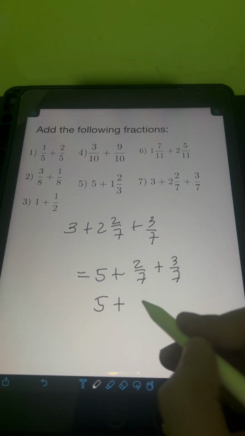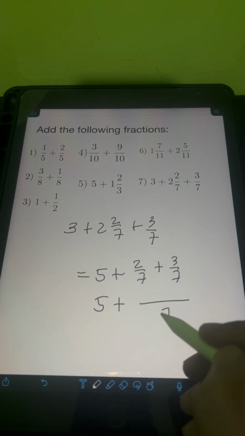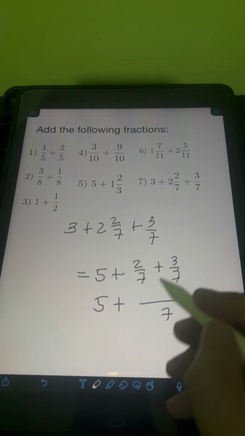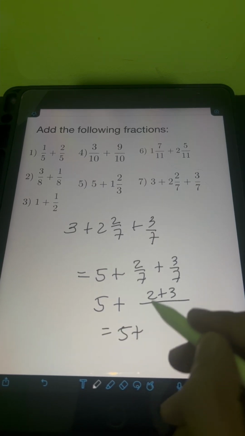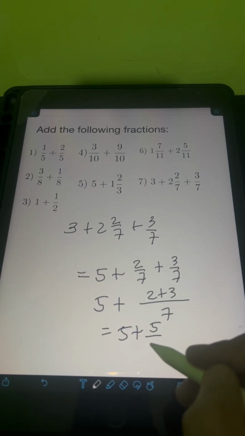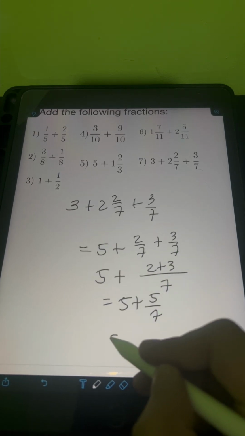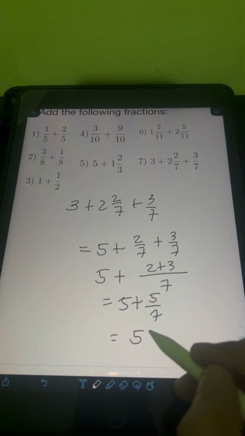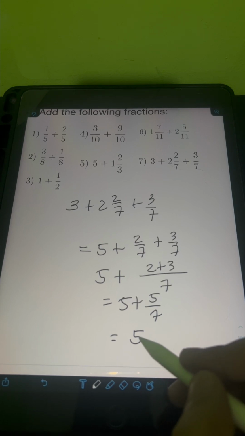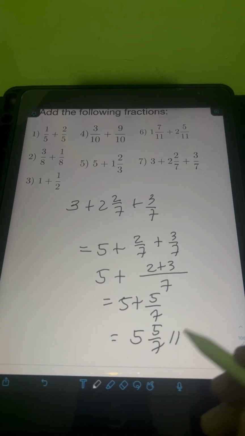Adding these two similar fractions, copy the same denominator of 7 and then add the numerators 2 plus 3. So we will have 5 plus 5 over 7. We now have the case of adding a whole number plus a fraction. So just make it a mixed number, 5 and 5 sevenths.